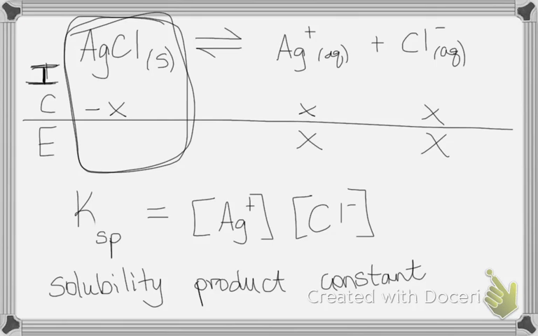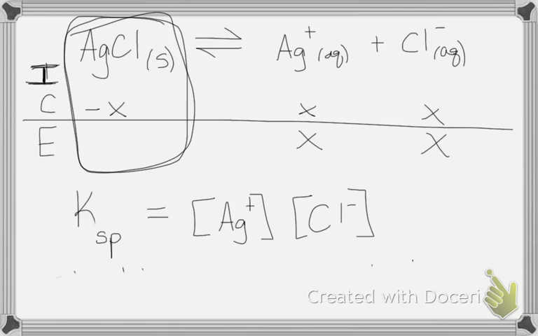So for silver chloride, if at equilibrium I have X amount of silver ion and X amount of chloride ion, then can't I say that the Ksp is equal to X squared? Because I plugged in the X for the silver and the X for the chloride, and I multiply them together, and I've got Ksp is equal to X squared. So, what is X? X is called the molar solubility.